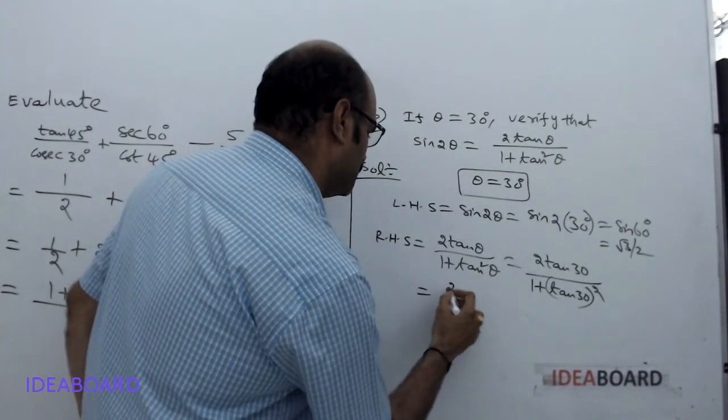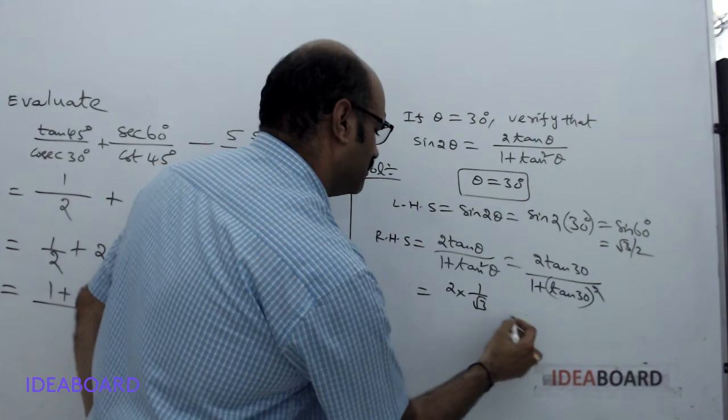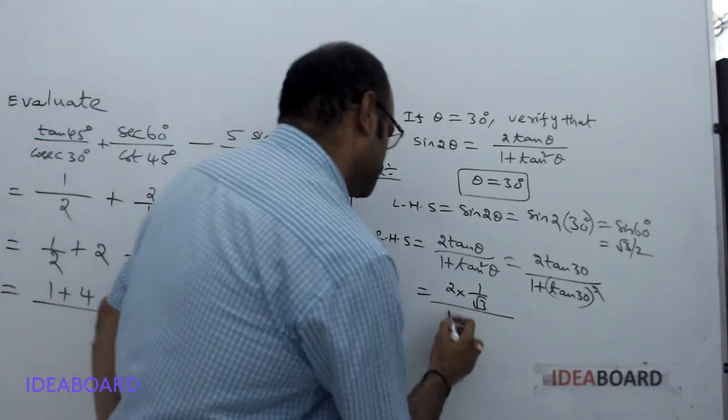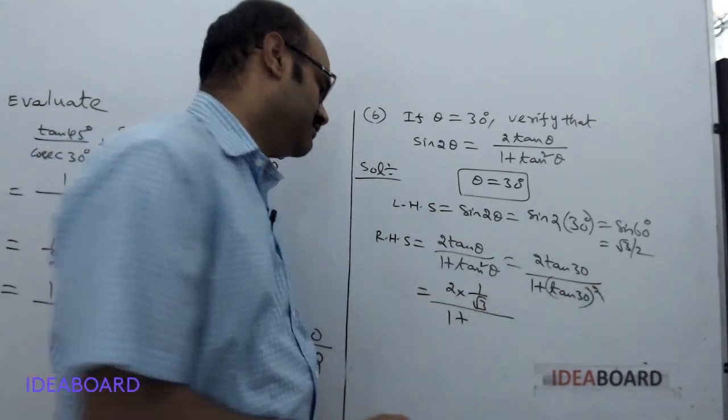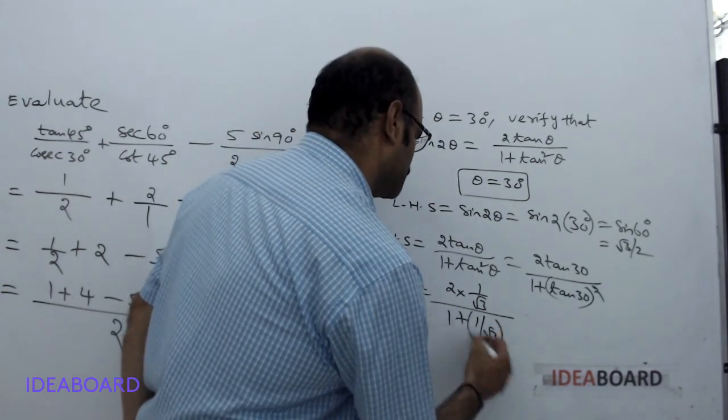Here 2 into tan 30 equal to 1 by root 3, whole by 1 plus tan 30, 1 by root 3 whole square.